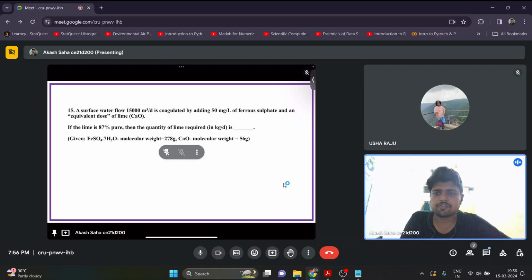So here instead of alum, it is coagulated with ferrous sulfate. So how much lime will be required?